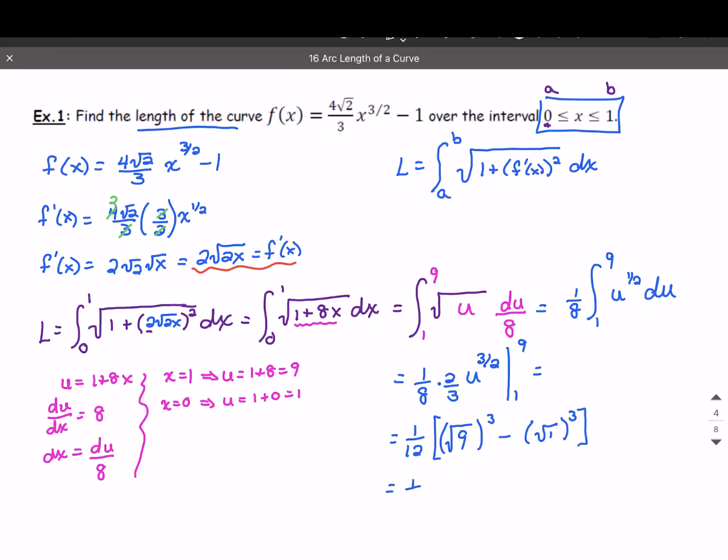So we still have this 1/12. The square root of 9 is 3, and if we cube that, we get 27. Minus 1 to the 3/2 is just 1. So we're going to have 26 over 12, which reduces to 13 over 6. Ta-da! And there we go.